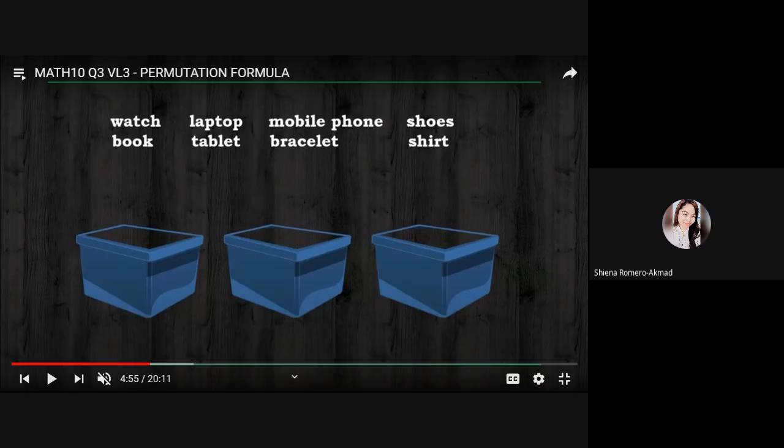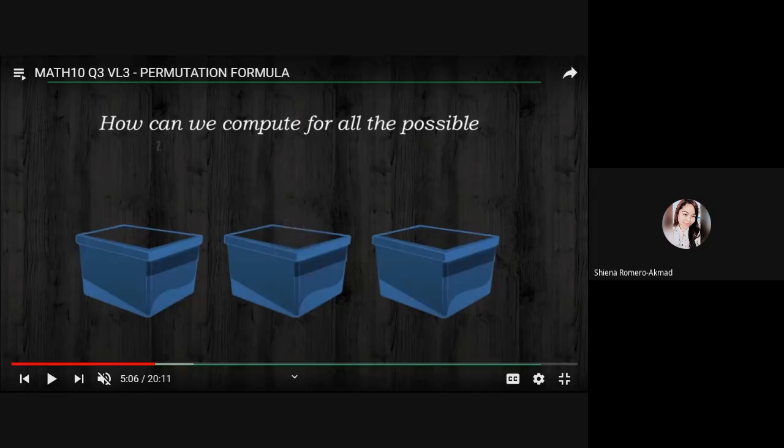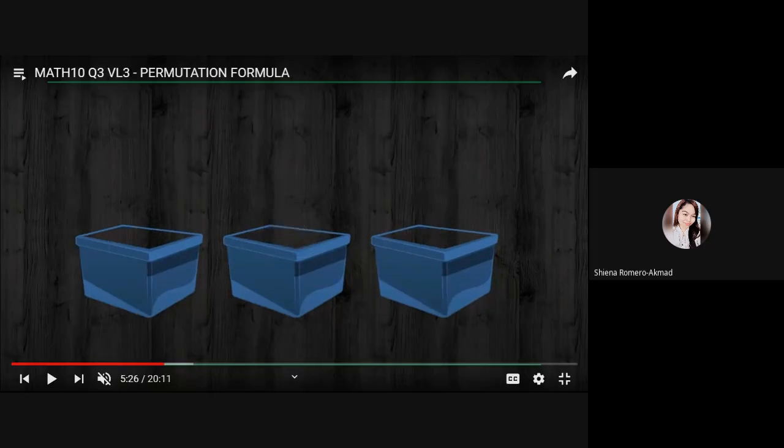For the first box, how many choices do we have? There are 8 items, so there are 8 choices.